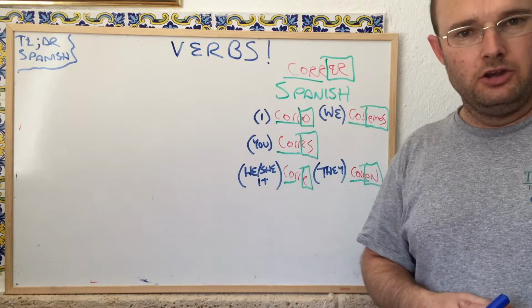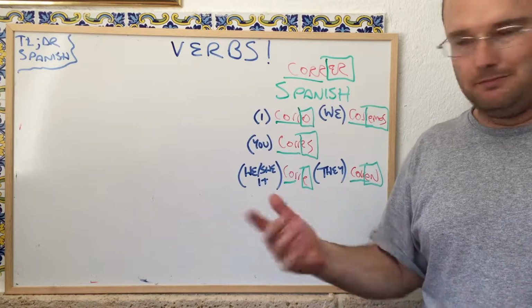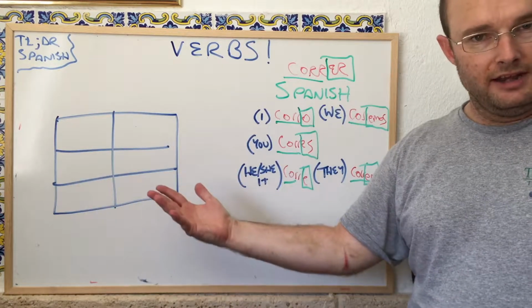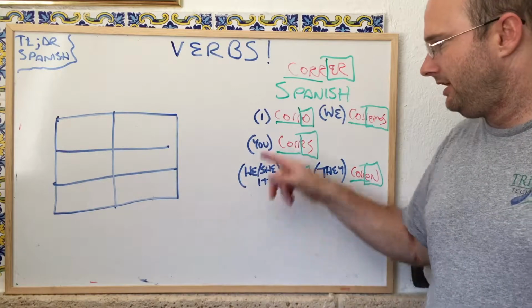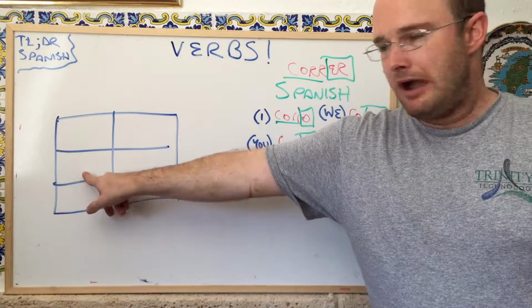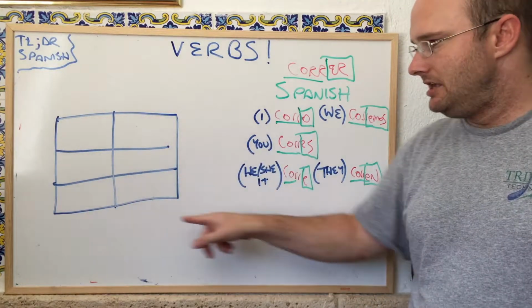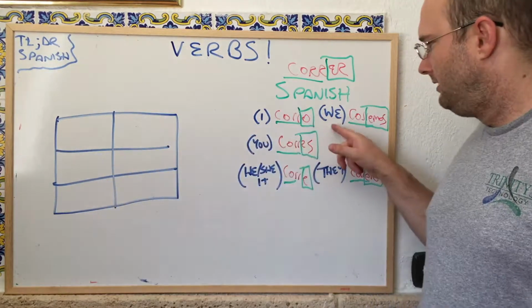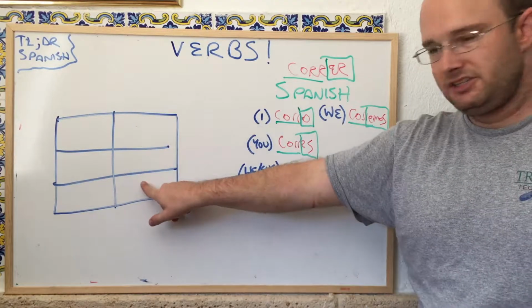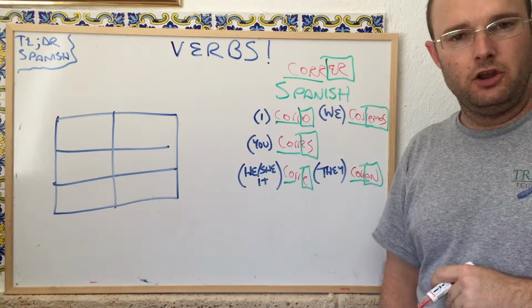So one thing we're going to do to save time is just make a box with these. So I just need to think, okay, this is the I box, this is the you box, this is the he, she, it box, this is the we box, and this is the they box.